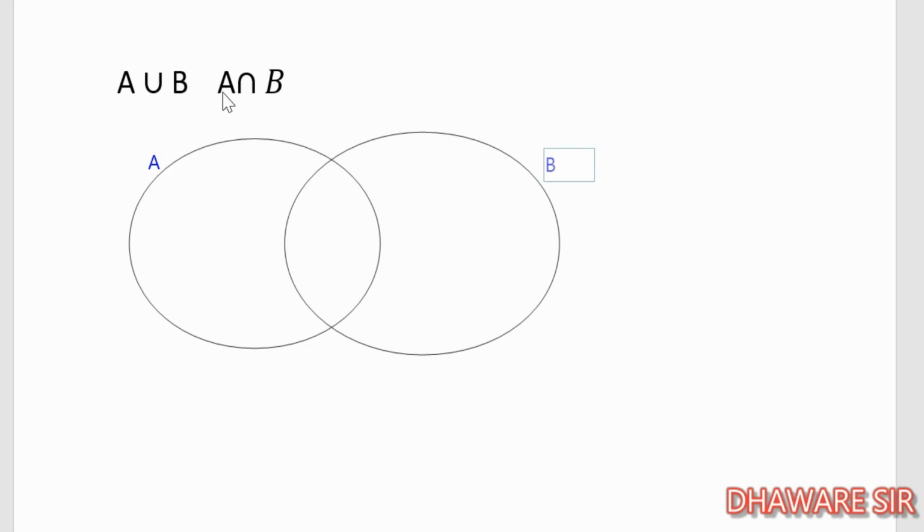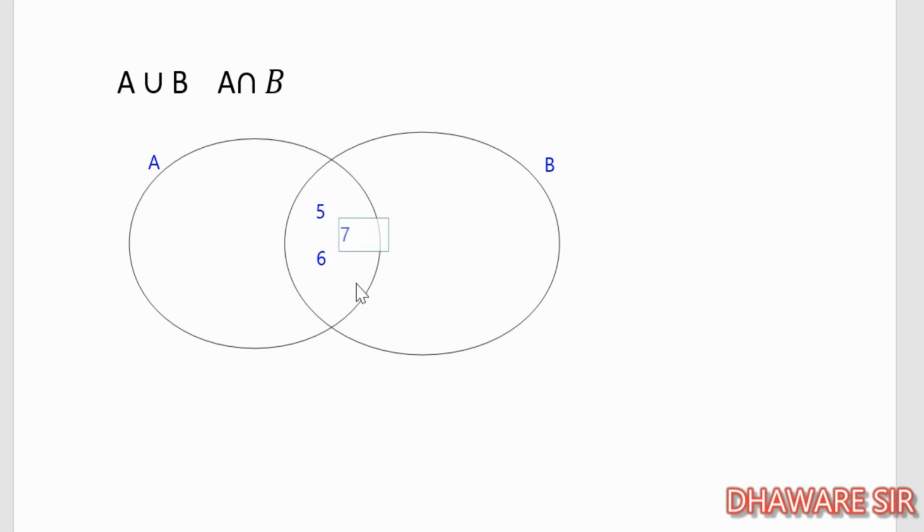Now the common elements of A intersection B are 5, 6 and 7. First of all we write the common elements 5, 6 and 7 where the circles intersect each other.